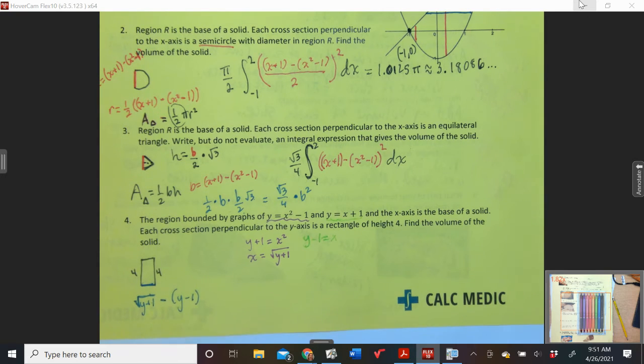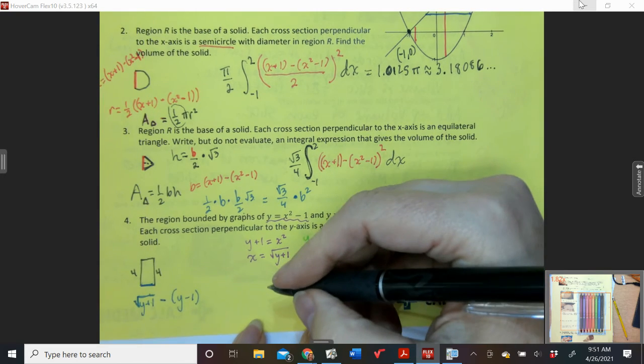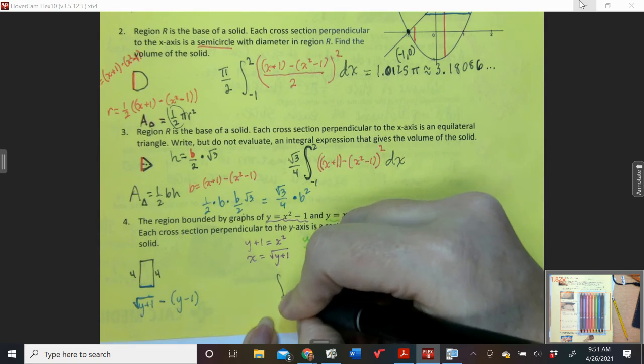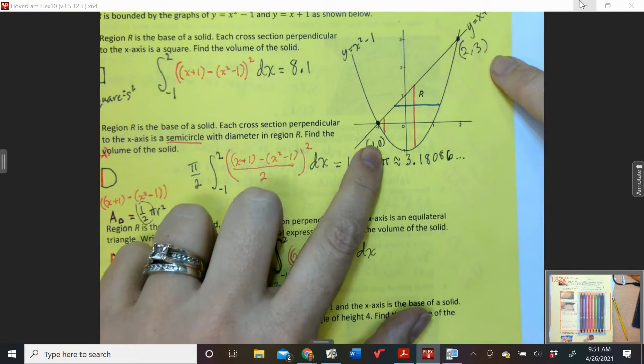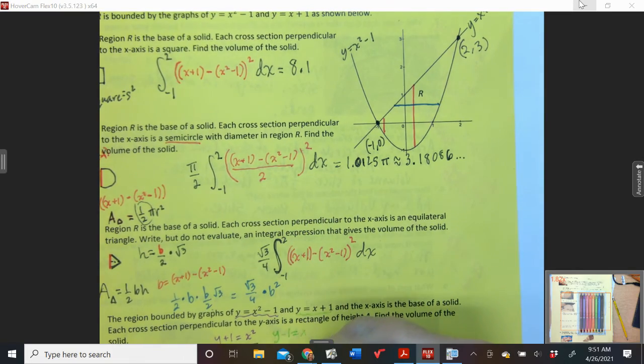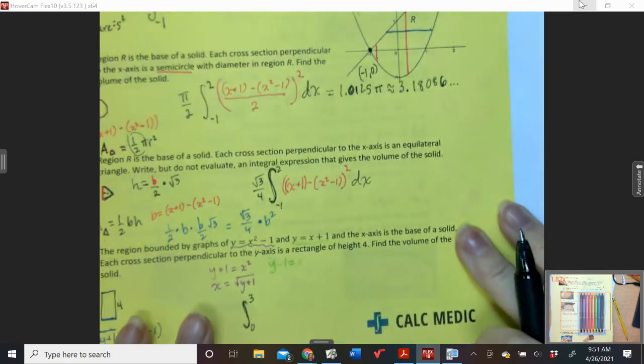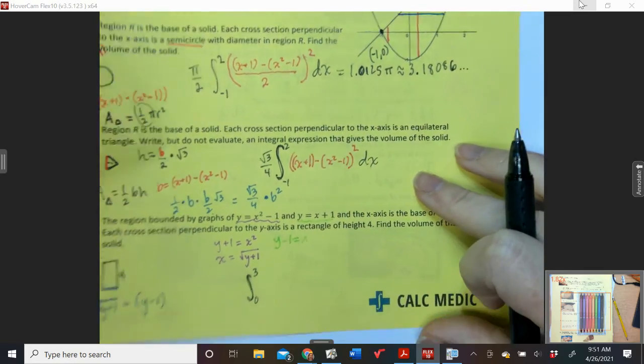Okay. So my answer is going to be the integral. Now I'm going to use my same ordered pairs, but now I'm going to use y values. So from 0 to 3 instead of -1 to 2.